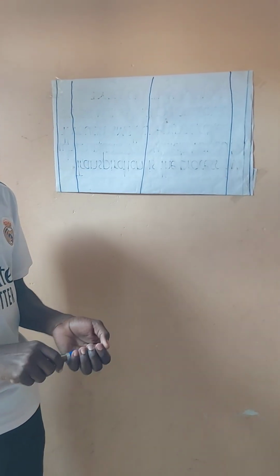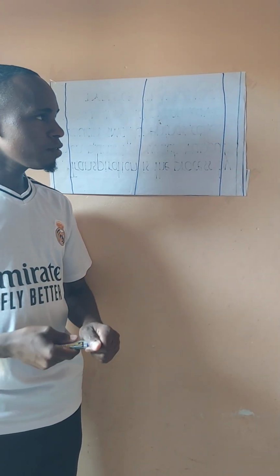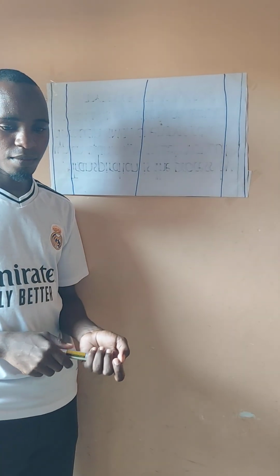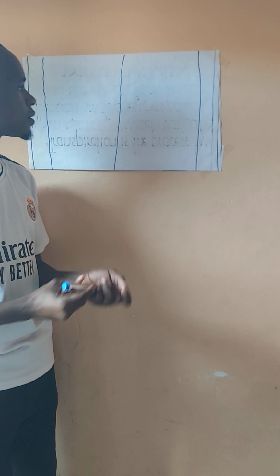On top of that, we looked at the types of neurons. Who can remind us of the types of neurons? We have motor neurons.